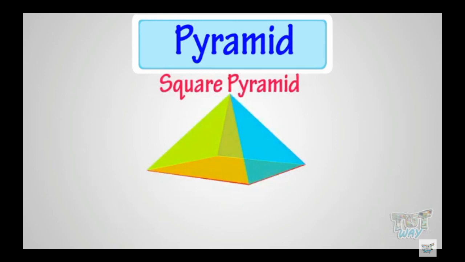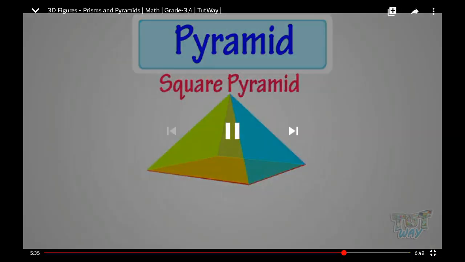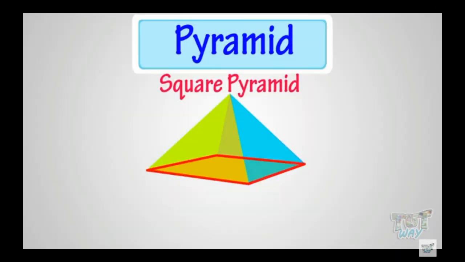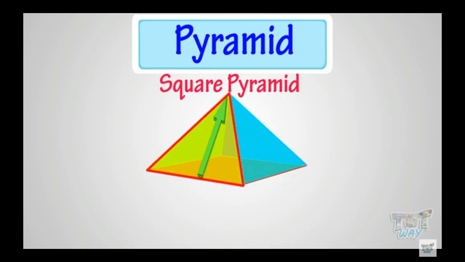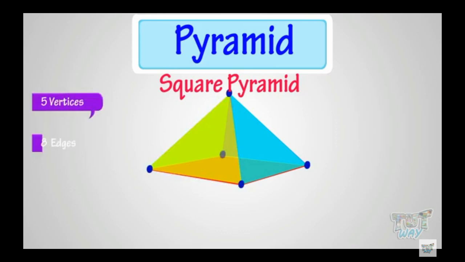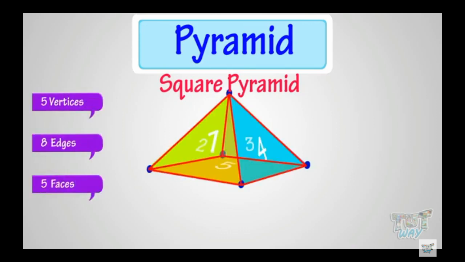These are common things of this shape. This is a square pyramid because its base is a square. And all other faces are triangles and converge to a single point. It has 5 vertices, 8 edges, and 5 faces.